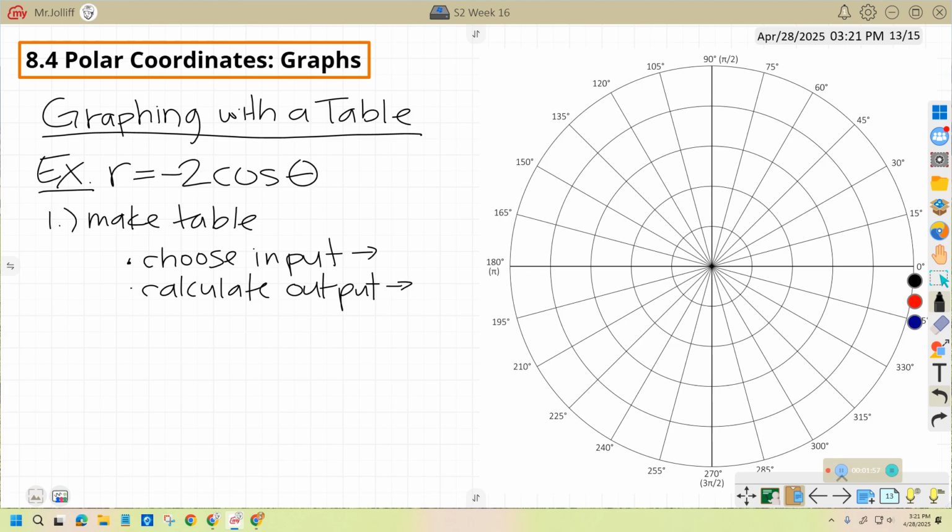When we're dealing with x and y values, we had y equals a function of x. We knew that x was our input, y was our output. We chose the x values. We substituted them into the equation. The equation spit out the y value that went with it.